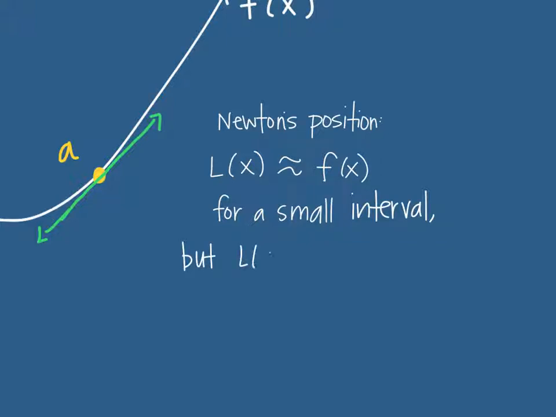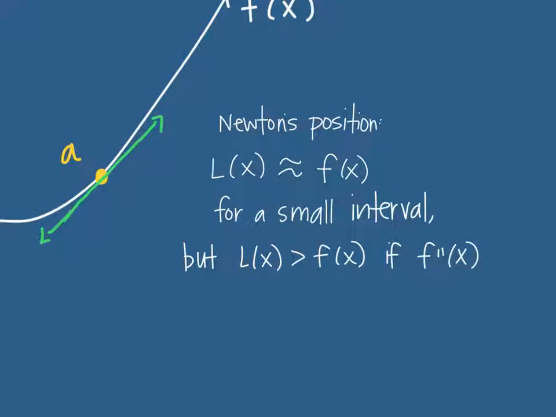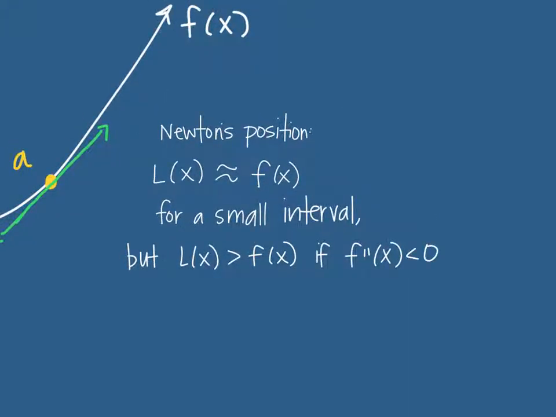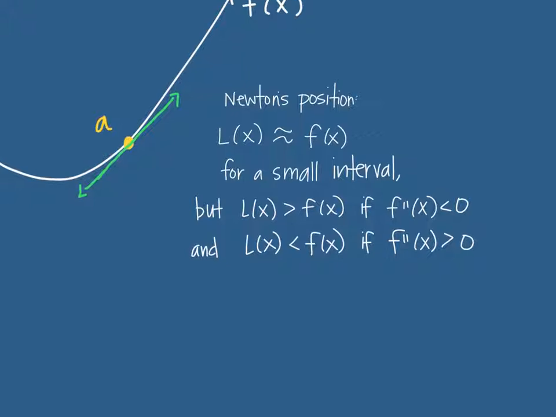L of x will exceed f of x as an overestimate if the second derivative is less than 0. And L of x will be an underestimate if the concavity is positive.